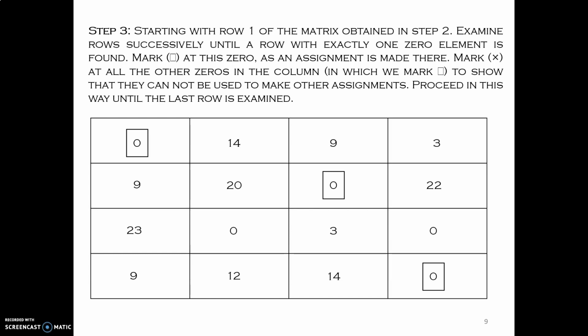If any other zeros correspond to this row, I'll be crossing them outright. The next, I'll be assigning the zero in the third row, and I'll be crossing the last zero.